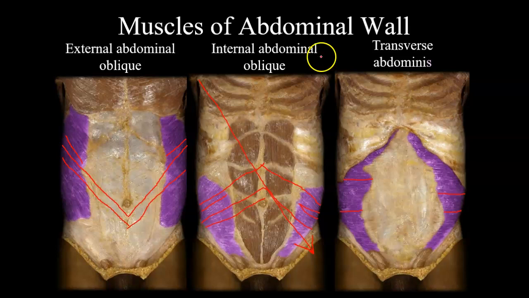Yes, the external abdominal oblique, yes, the internal abdominal oblique, they help to increase intra-abdominal pressure as well. Absolutely. But when we talk about abdominal muscles, the transverse abdominis is the major muscle, the primary means by which we can actually increase the intra-abdominal pressure.